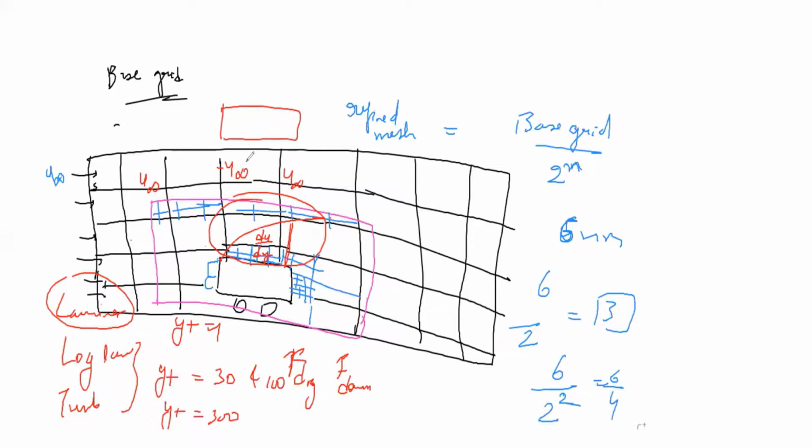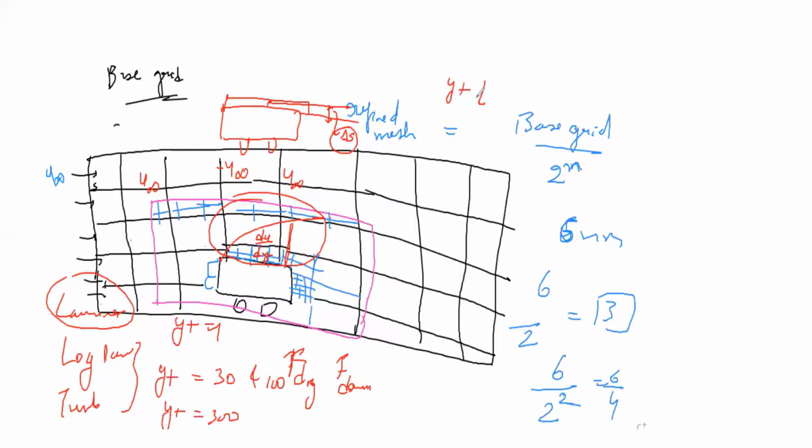So let's say this is a body. And this is, let's say, the first cell. The distance between the center of the first cell and the surface of the body is called delta S. This is delta S, and that is what will represent your y plus value.